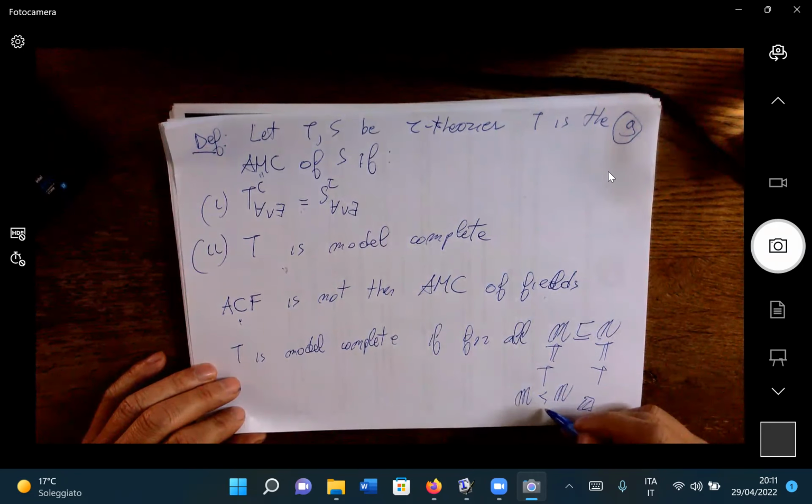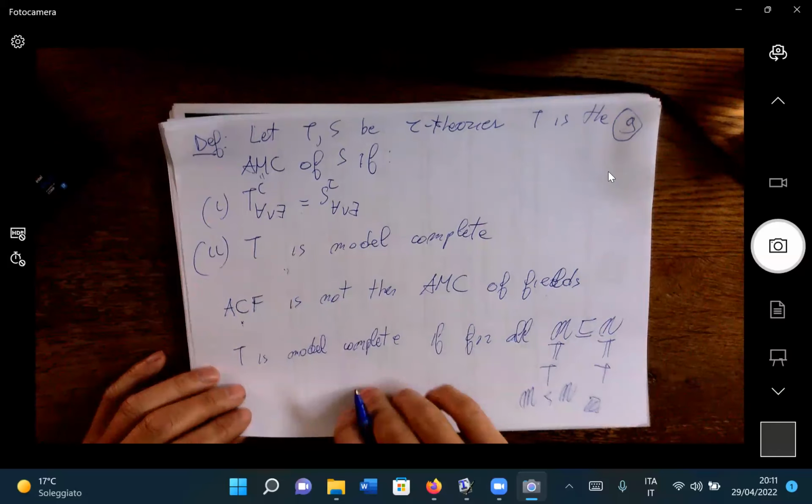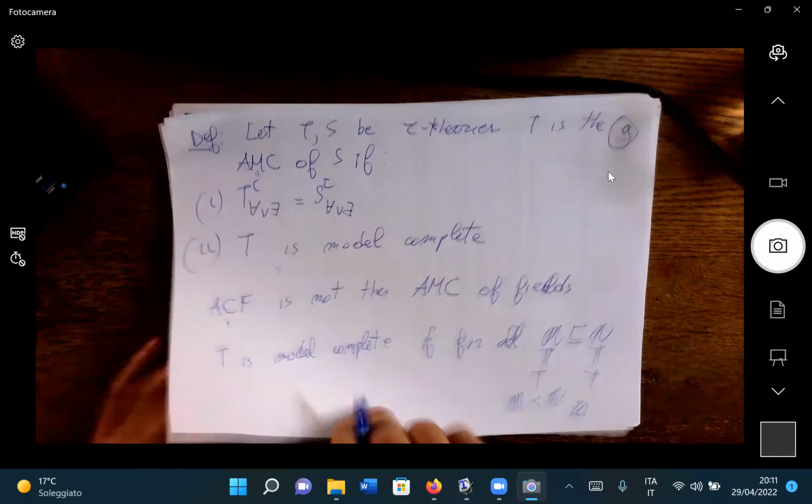And here you can put elementary or sigma 1, it's the same. Okay, thanks. Another definition, well, I will come back to that later on. Okay, I move on.